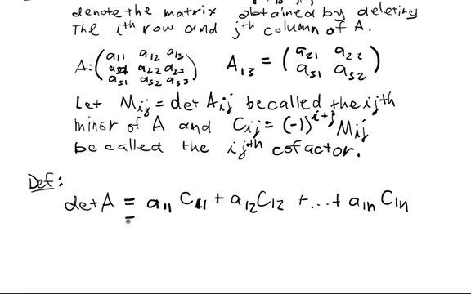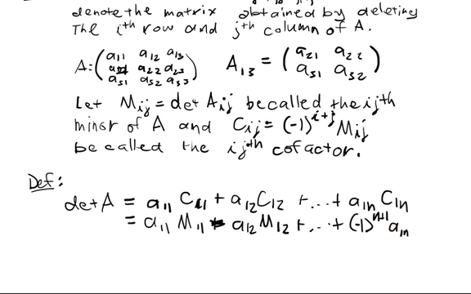But this is also equal to, by definition, A11 M11 minus A12 M12, because remember that C_ij has this (-1)^(i+j) factor, and 1 plus 2 is 3, so that's odd, and (-1) to an odd number is negative, plus all the way up to (-1)^(n+1) A1n M1n.